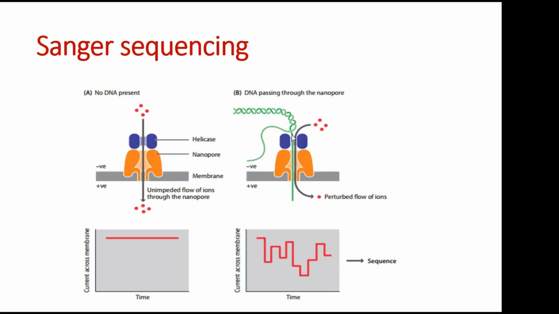What is frame shift? I think these are not in the scope of the course, but frame shift is when we have a mutation, which may be a deletion or addition.